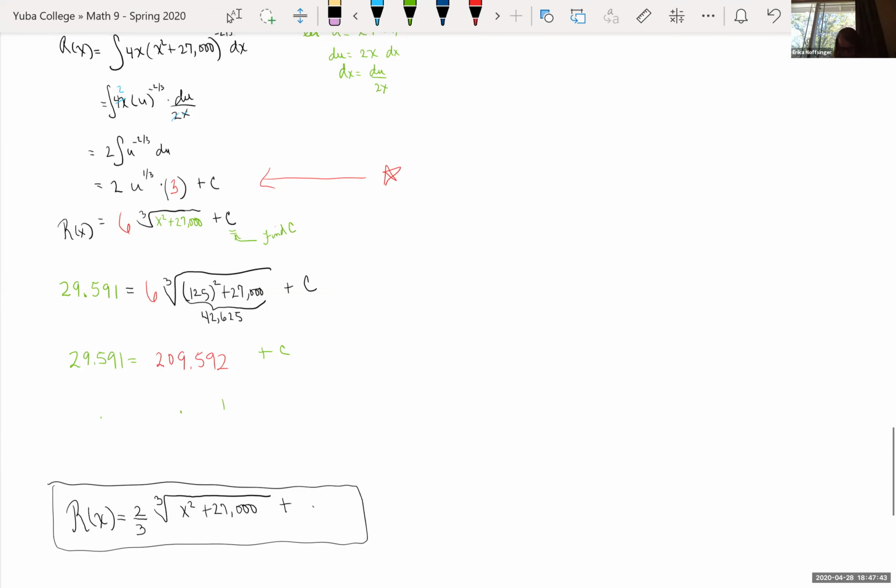And it's telling me they're getting negative. Oh, that is right. C is negative 180. So minus 180 here. And I've got to change this piece right here. This should have been a 6.